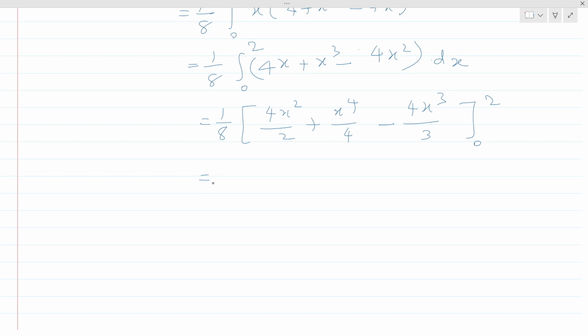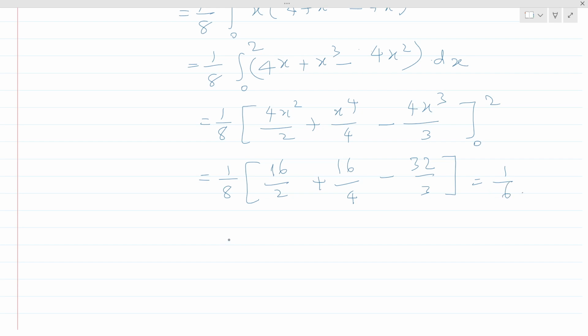So 1 by 8 times 4 into 4, 16, 16 by 2, plus 16 by 4, minus 4 into 8, 32 by 3. If you solve this, once again you will get 1 by 6.